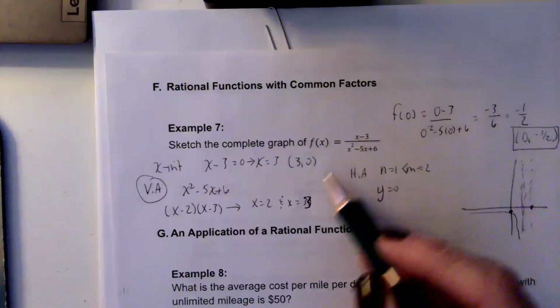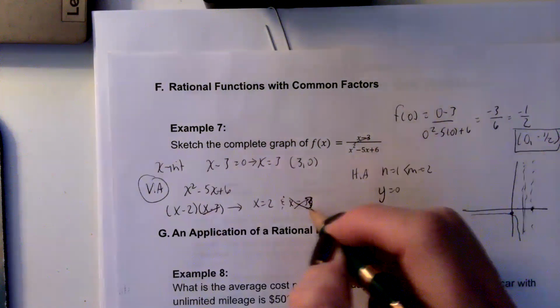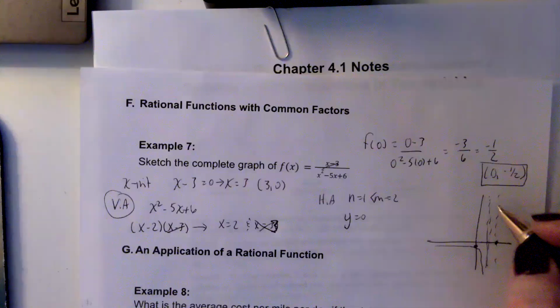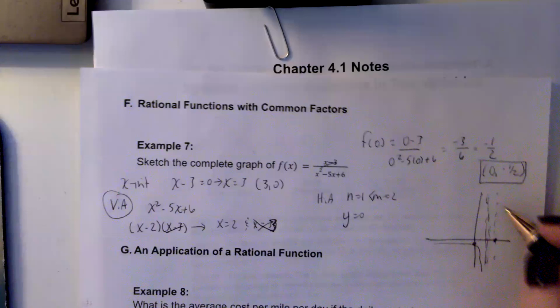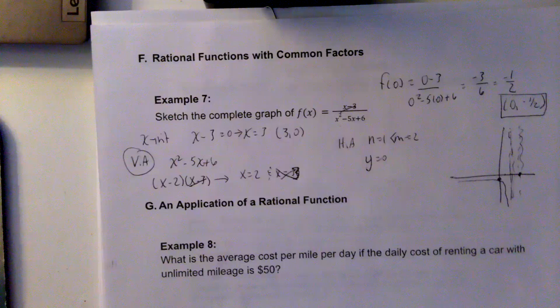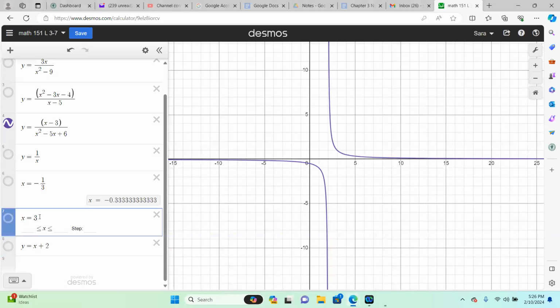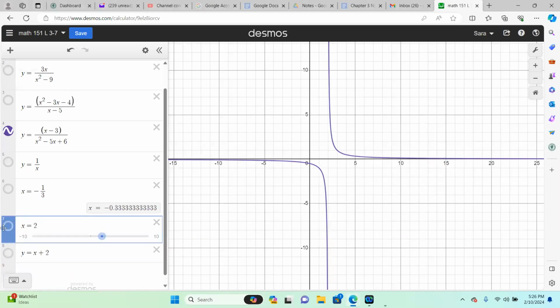So x minus 3 on top is a factor of x minus 3, so that asymptote doesn't count. There's only the asymptote at x equal to 2, so the x equal to 3 doesn't matter. Let me put that at x equal to 2 and let you see that. You can see that asymptote there, and then the horizontal one at 0.